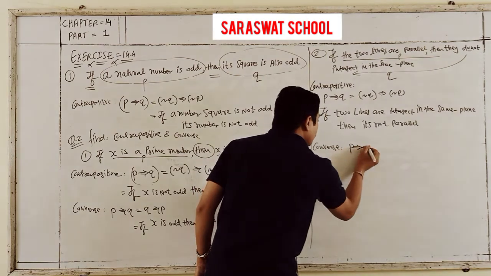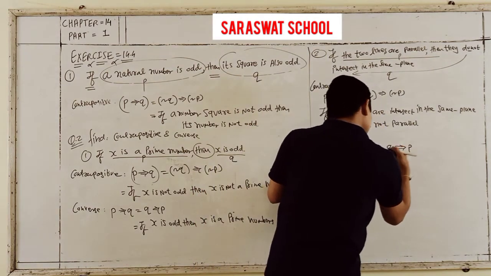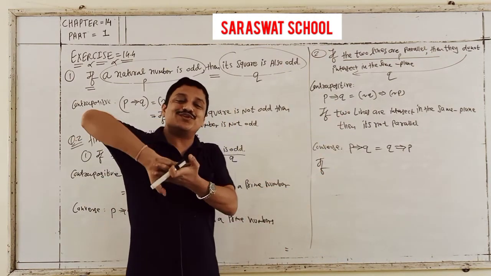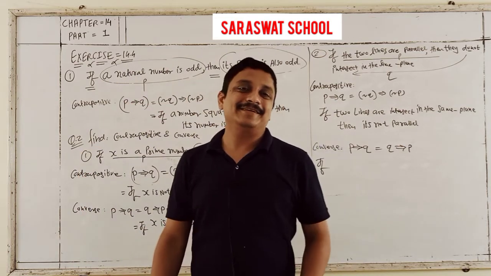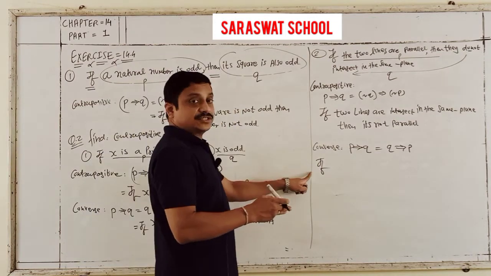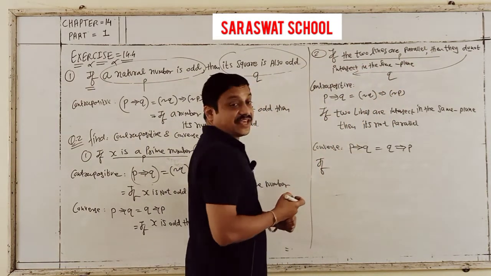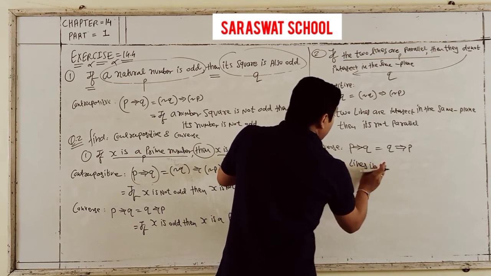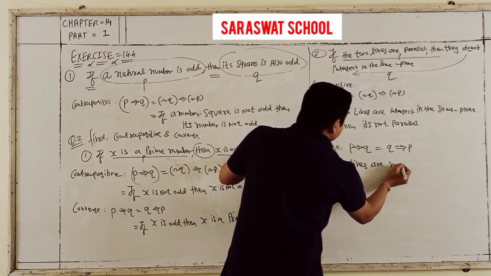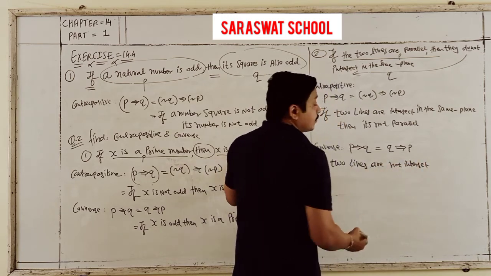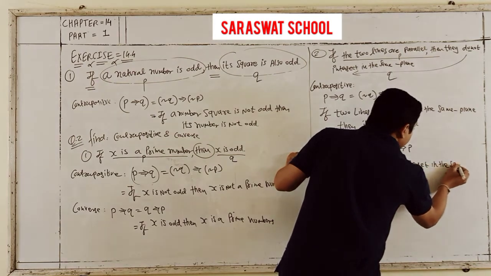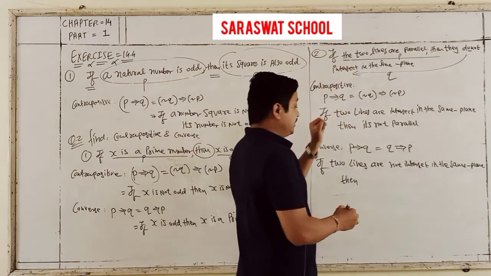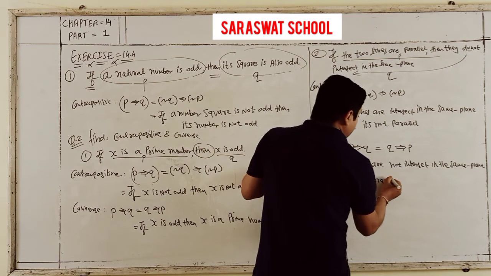P implies Q, the converse is Q implies P. So here we write down: if Q, then P. So in the converse, students, if they do not intersect in the same plane, then P, that is, they are parallel.